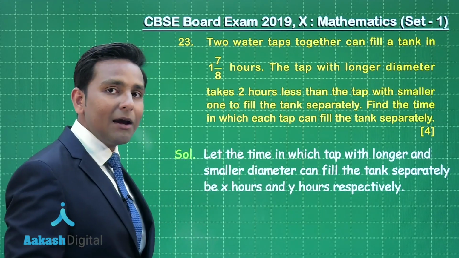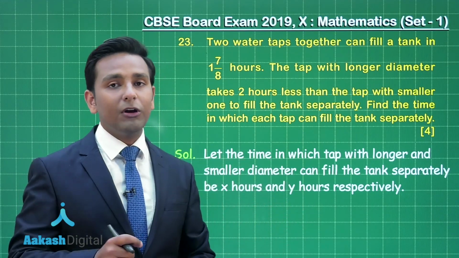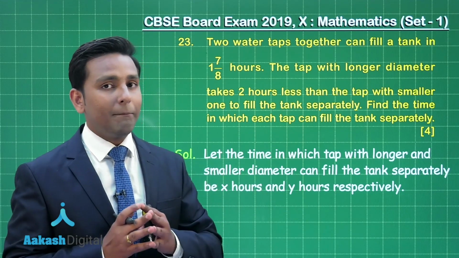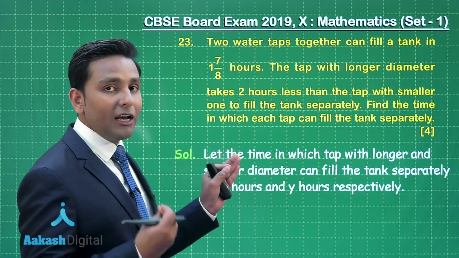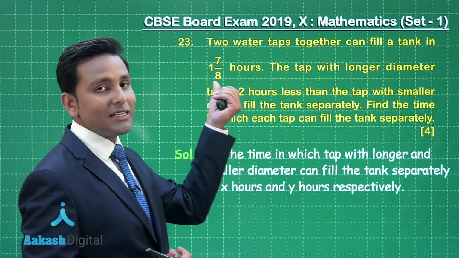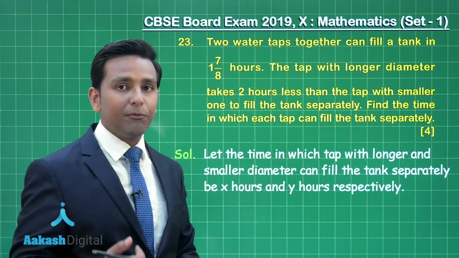Same for the second tap, the part of the tank filled in 1 hour will be 1/y. And when both the taps are open combined, the part of the tank filled in 1 hour will be 1/(1 and 7/8), that means 1/(15/8), so it can be written as 8/15.